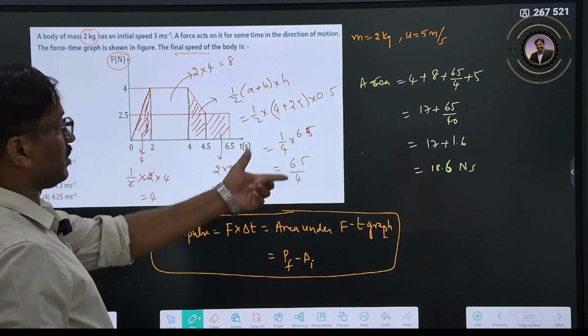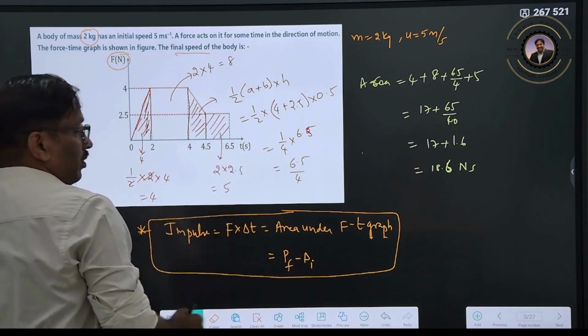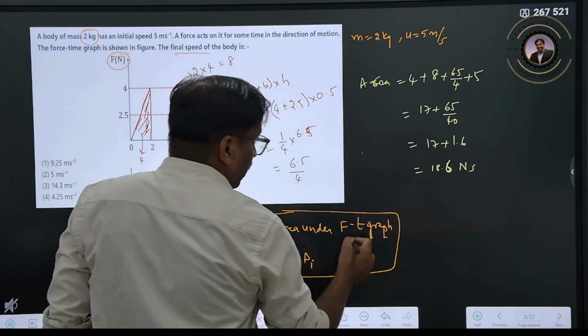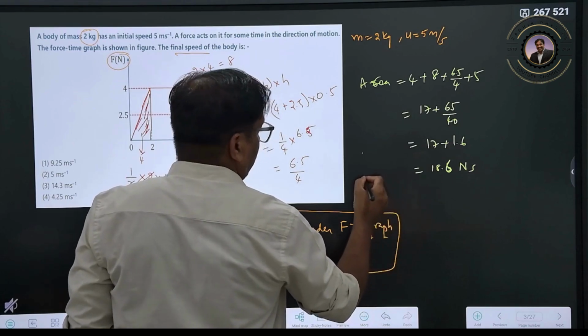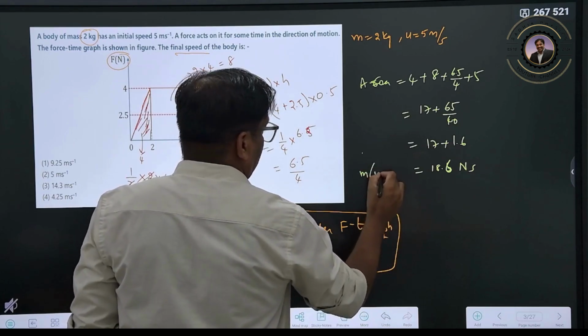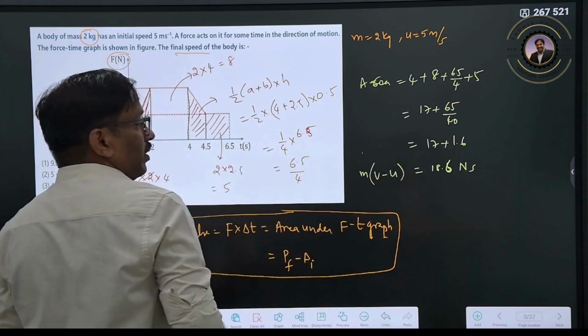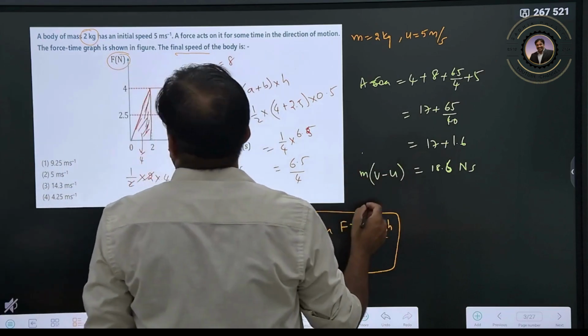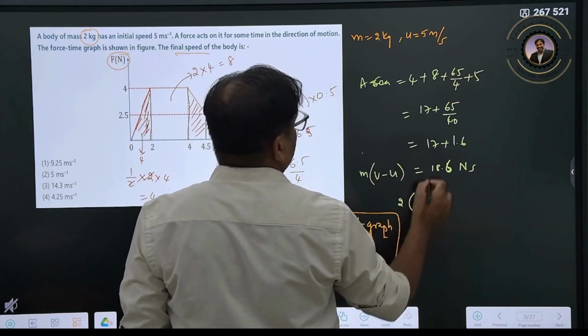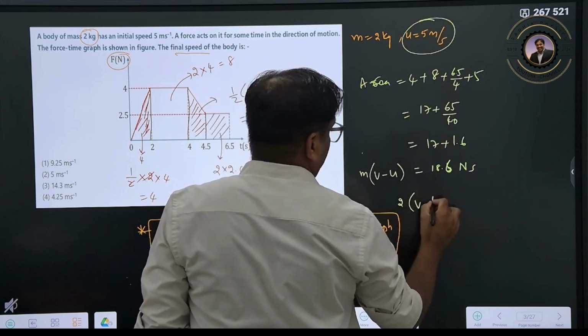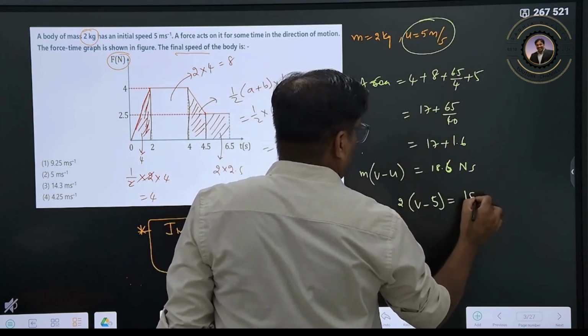But I don't want this area, I want the final speed. So what is the change in momentum? This area equals the change in momentum, mass into final velocity minus initial velocity. Clear? So mass is how much now? Already you know it, 2. So 2 into (final velocity minus initial velocity of 5 meters per second) equals 18.6.